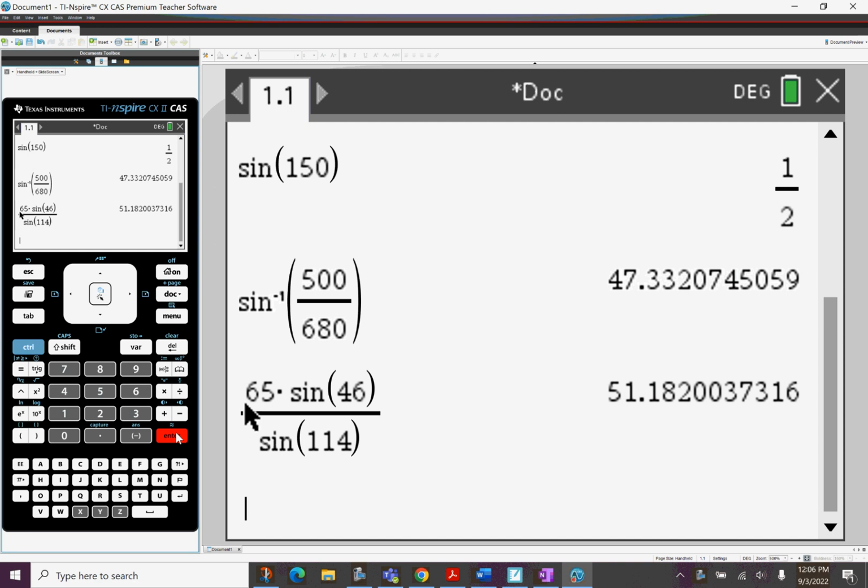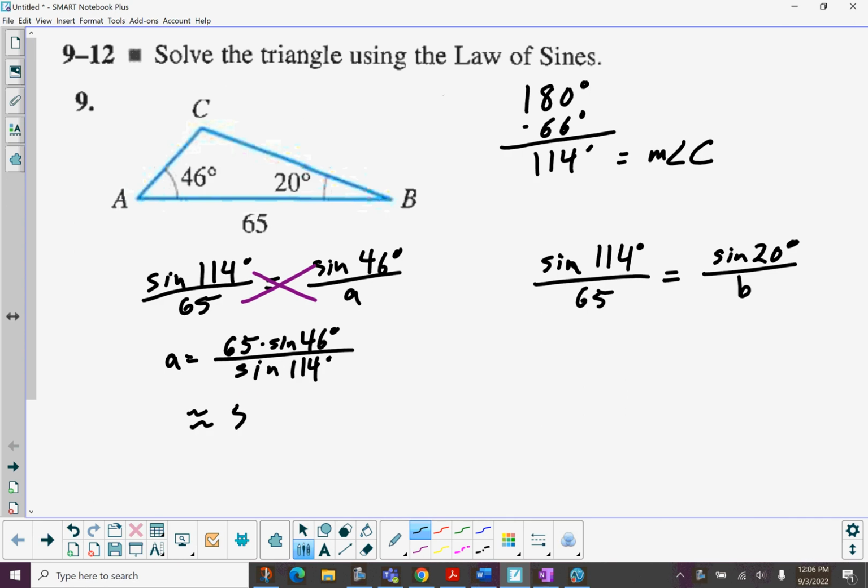So let's say to the nearest tenth, we would round that off to about 51.2. And again, it's a side length that doesn't have a particular measurement there, so we don't have to worry about that. And again, similar process over here. We find our cross product.